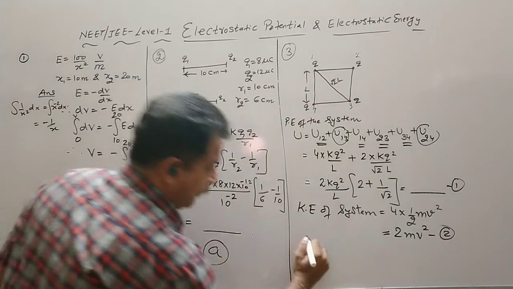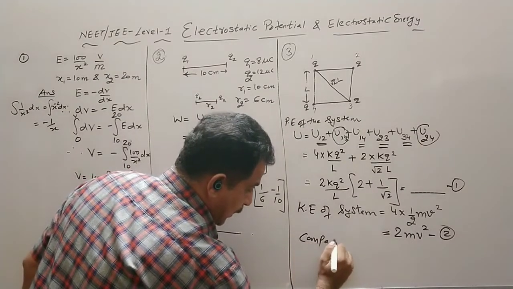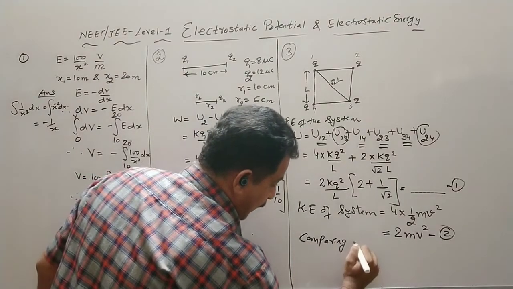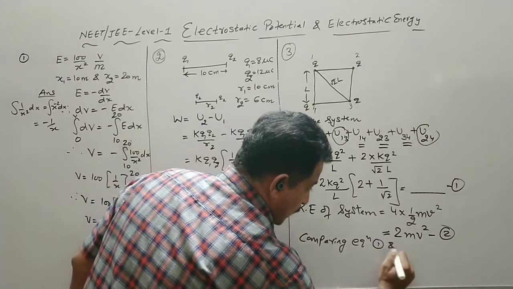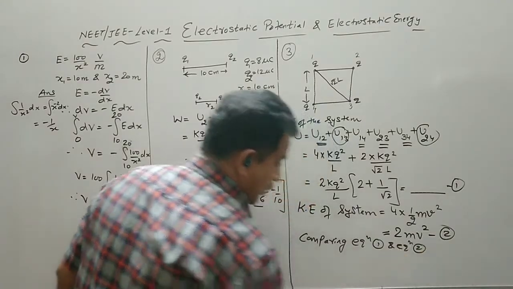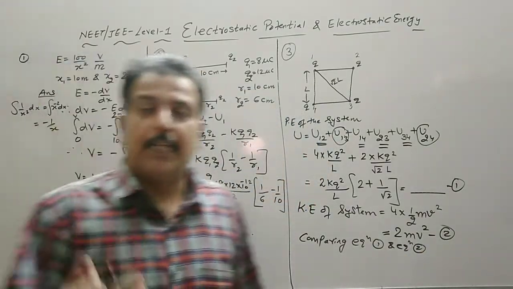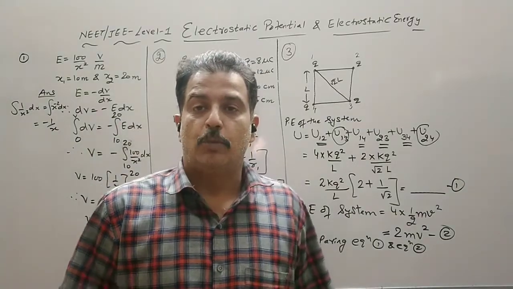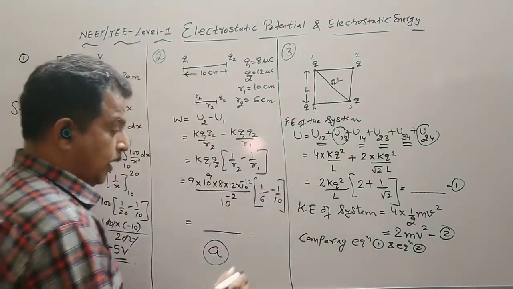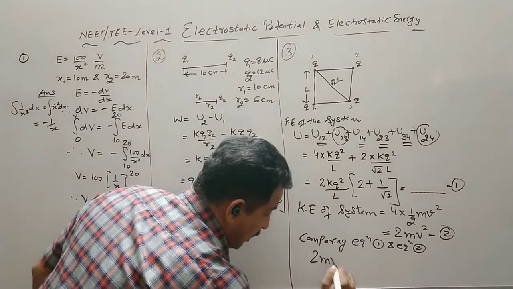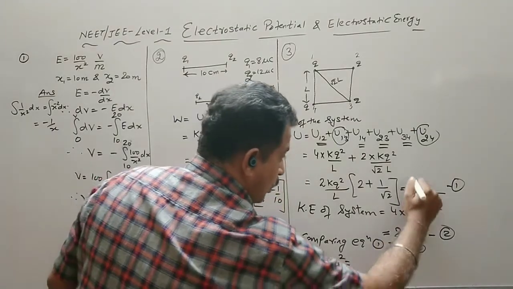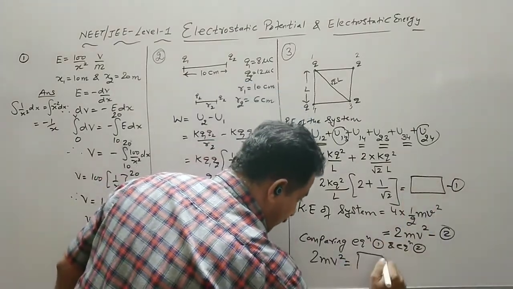This is equation 2. Now comparing equation 1 and equation 2, the entire potential energy should be converted into kinetic energy. So twice mv square is equal to whatever answer we get here.